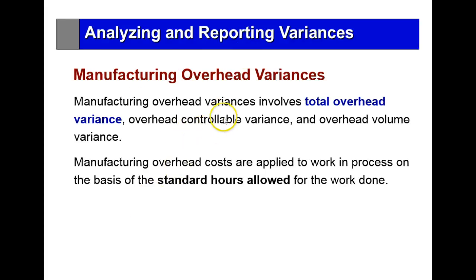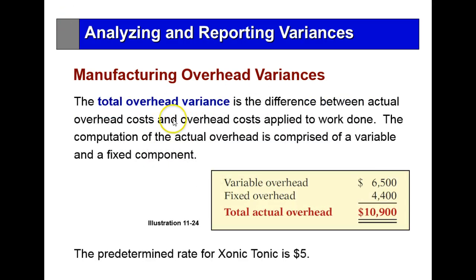Manufacturing overhead variances involve total overhead variances, overhead controllable variances, and volume variances. It's going to be the difference between actual overhead cost and overhead applied to the work done. Our variable overhead and our fixed overhead give us our actual overhead. We've got a predetermined rate of $5 for predetermined overhead costs.